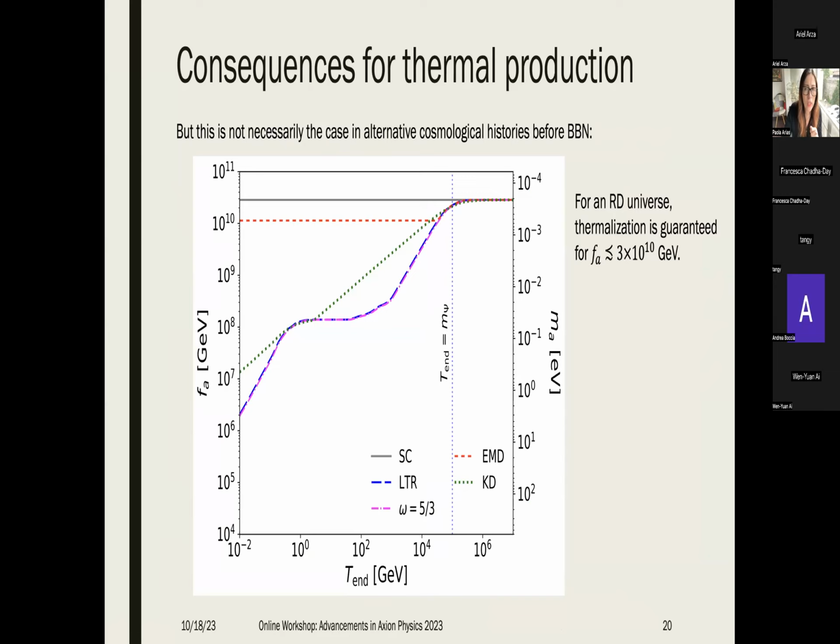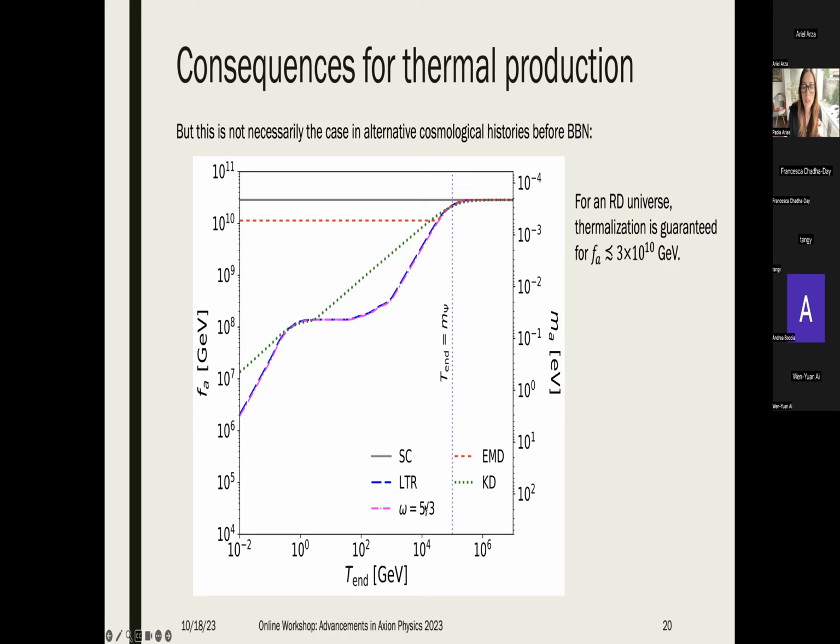So in non-standard cosmologies, the thermalization of axions can look really different. This is a plot precisely of that. Here I have the scale fa and this temperature, and the lines are different cosmologies. You see here standard cosmology, low temperature reheating, early matter domination, kination, and omega.